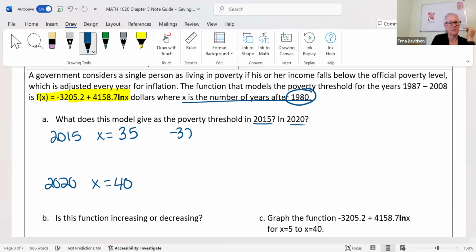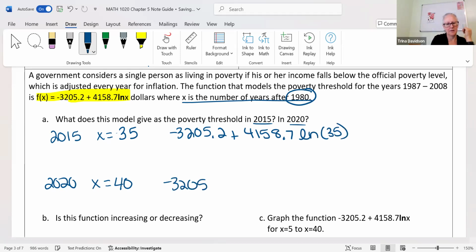So those are the values we're going to plug in. And these are going to be the nearest whole dollar.